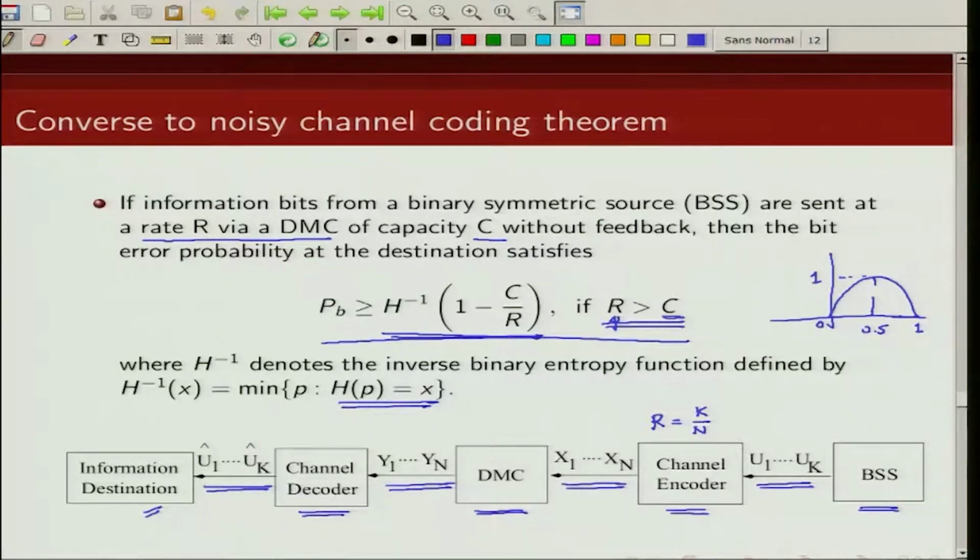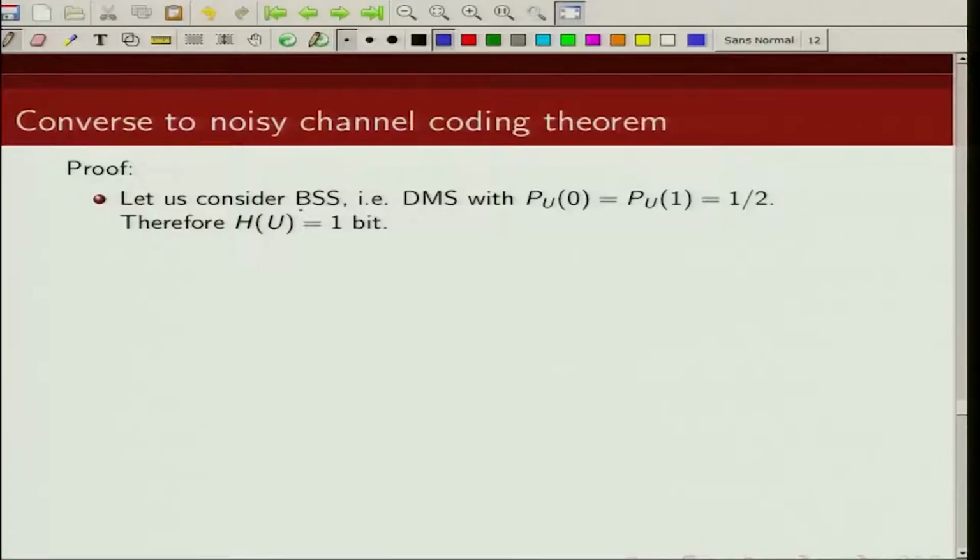Okay. So let us now show that if the transmission rate is above channel capacity, then the probability of error is lower bounded by a non-zero quantity. So since we are considering a binary symmetric source, probability of 0 and probability of 1 is half. It is a symmetric source and it is a binary source, so it emits zeros and ones with probability half. So we can write uncertainty in u as 1 bit.